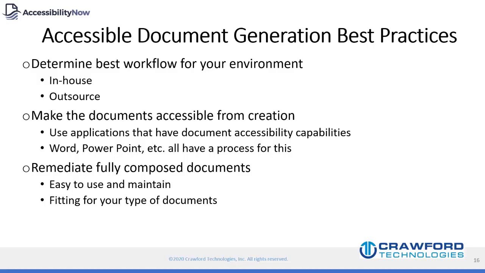And as I said, the best practice is, one, to determine what kind of environment is being dealt with, whether large volume, small volume, static information, transactional information, and then take it from there, determining if the best solution is to bring something in-house or outsource the actual process for remediating these documents.